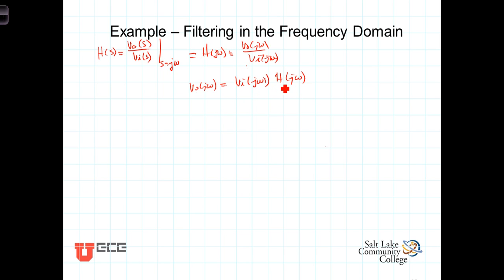Now, these are all complex expressions, which can be written in their polar forms as a magnitude and a phase. In other words, V out of j omega can be thought of as a magnitude of V out of j omega and some angle theta out of j omega, which is equal to the magnitude of V in of j omega, angle theta in of j omega, times the magnitude of the frequency response function H of j omega and an angle theta sub H of j omega.